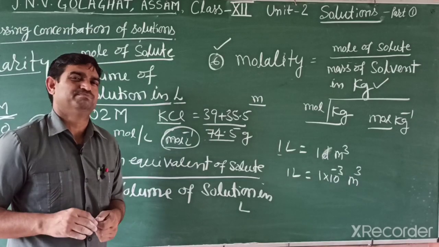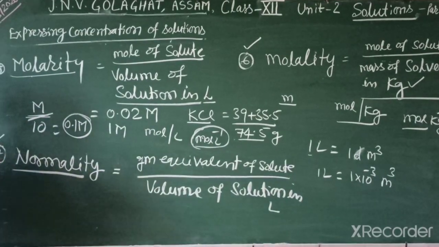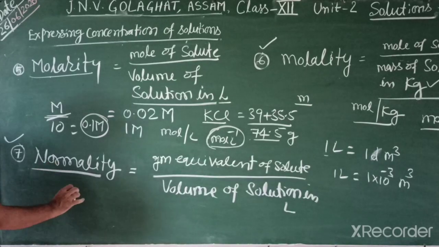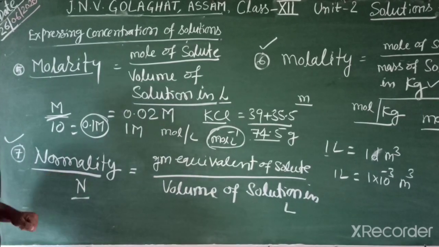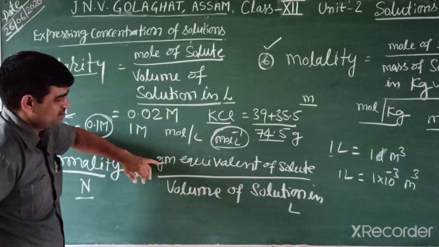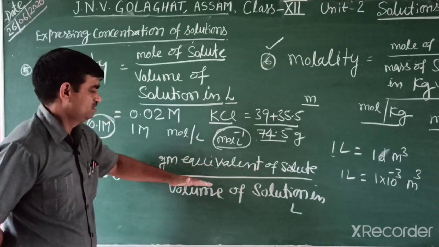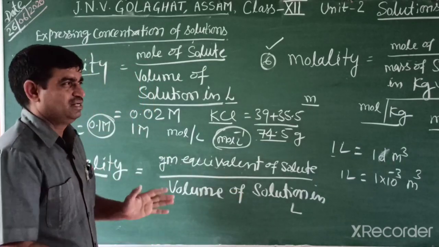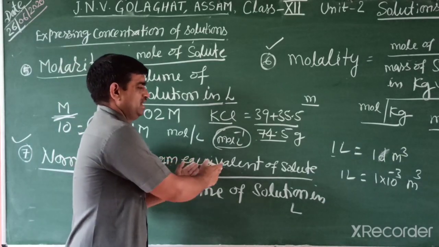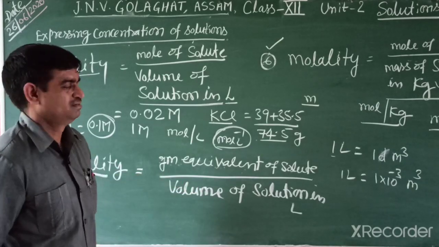Earlier we used another term for expressing concentration, that is normality. It is denoted by capital N. Now we don't use normality, but in earlier books it is also written as capital N. It is the gram equivalent of solute divided by the volume of solution in liters. That is, the number of gram equivalents of solute dissolved in the volume of solution in liters.